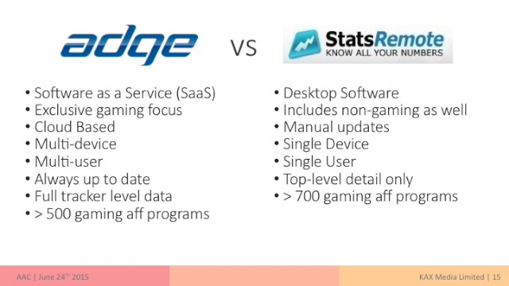We track when the affiliate programs themselves update, and we go out and try to pull the data as soon as those programs update. And we also support full tracker level data. So if you're doing a PPC campaign or you want to track the effectiveness of traffic sources, you're probably using what Income Access calls an ACID, or what NetRefer calls an MSID, to tag and identify those individual traffic sources.